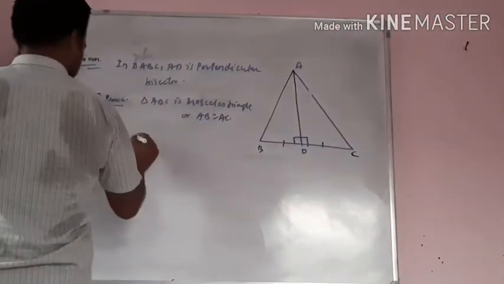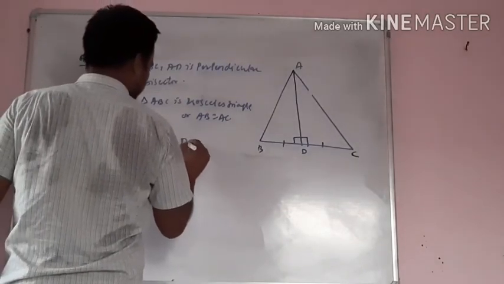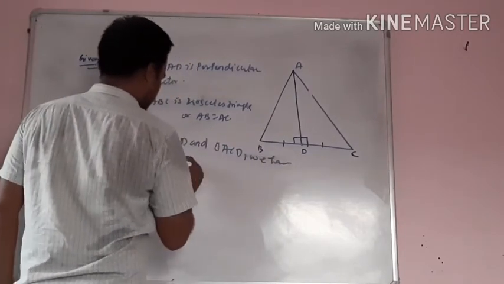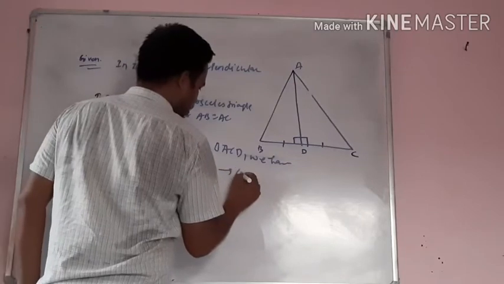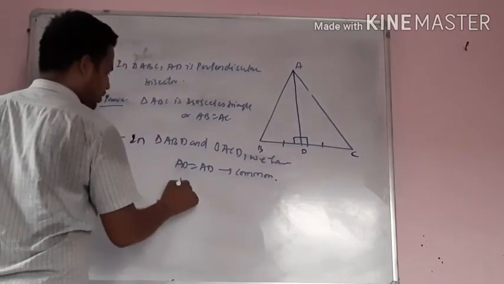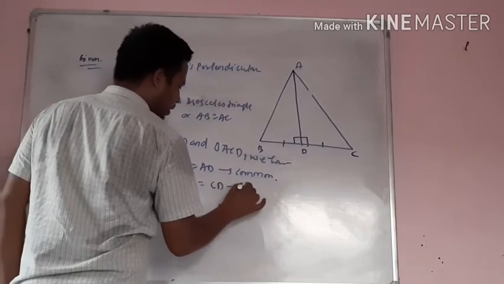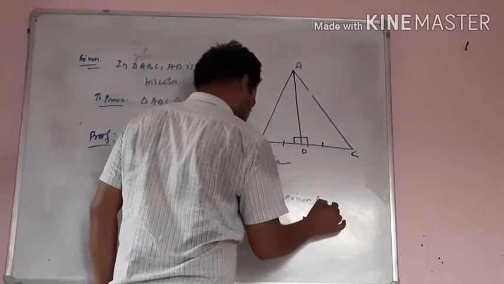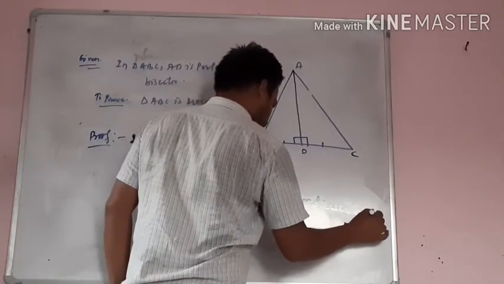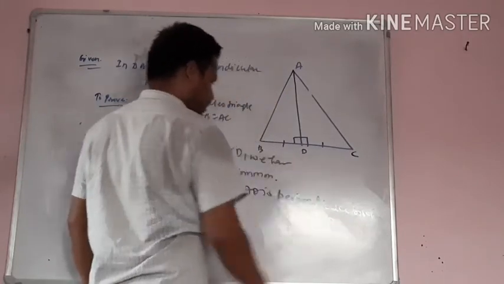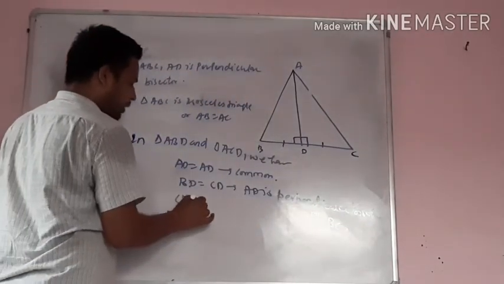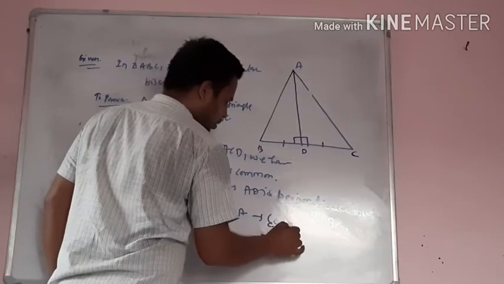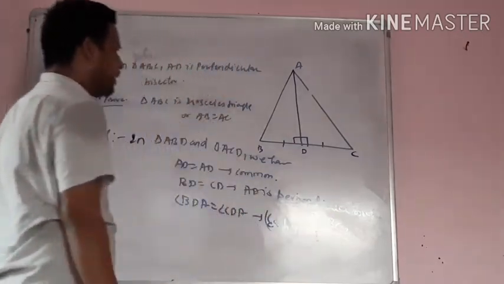Now in triangle ABD and triangle ACD, AD equals AD, common, and BD equals CD because AD is the perpendicular bisector of BC, and angle BDA equals angle CDA, each 90 degrees.